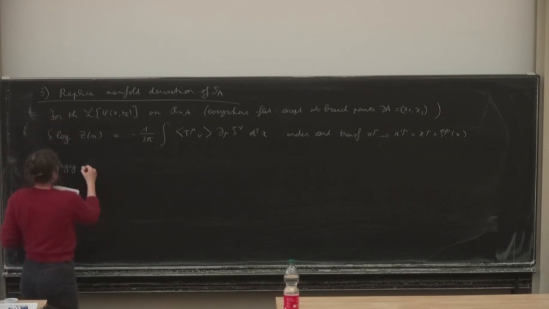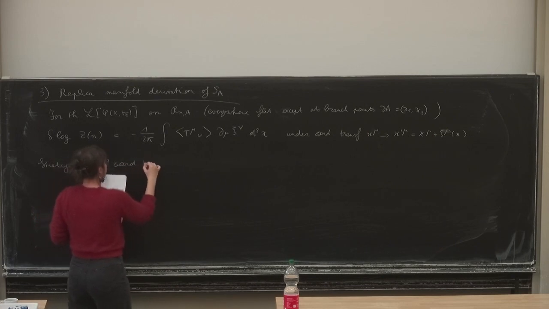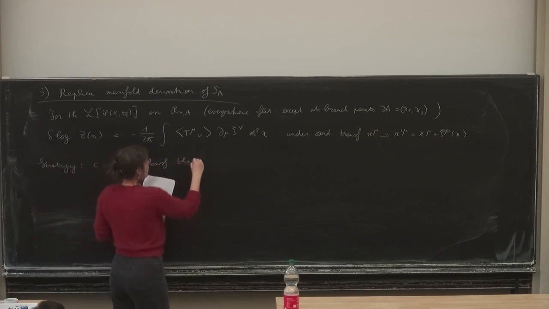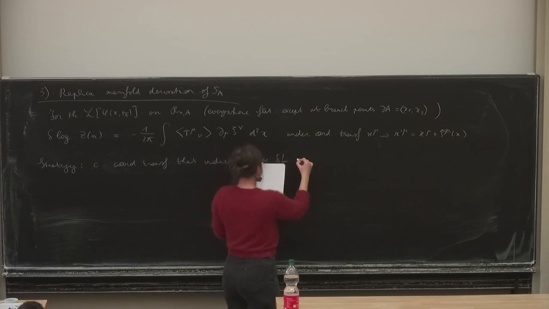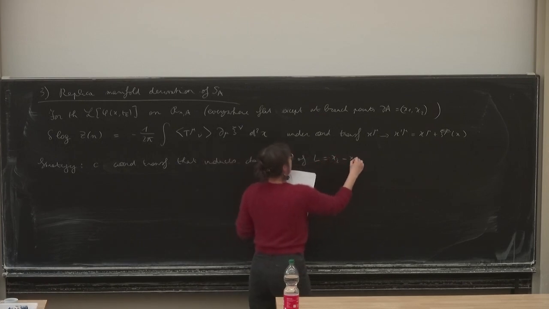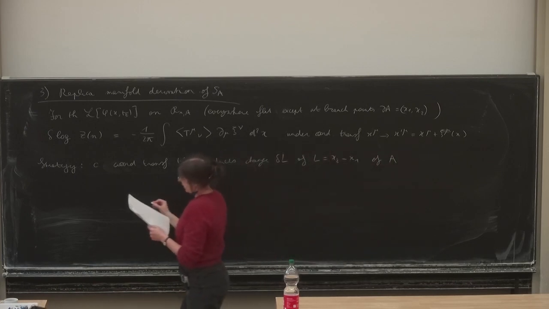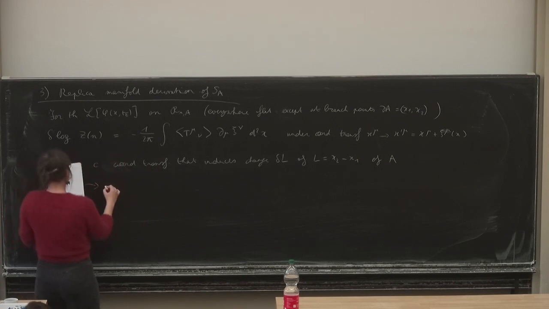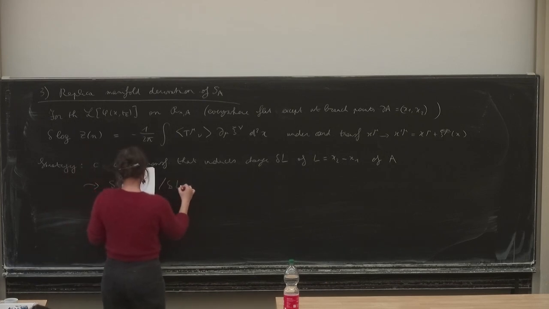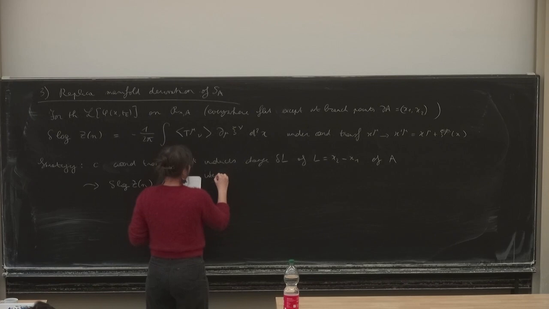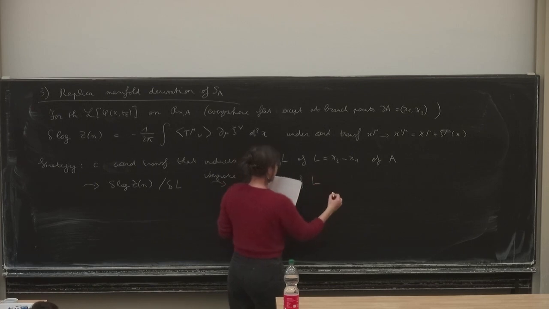So the strategy is that we are going to consider a particular coordinate transformation that induces a change in the length of our interval, so in the distance x2 minus x1 of our interval A. Then we'll use this formula to find delta log Z over delta L, which we can then integrate to find log Z of n as a function of the length of this interval.